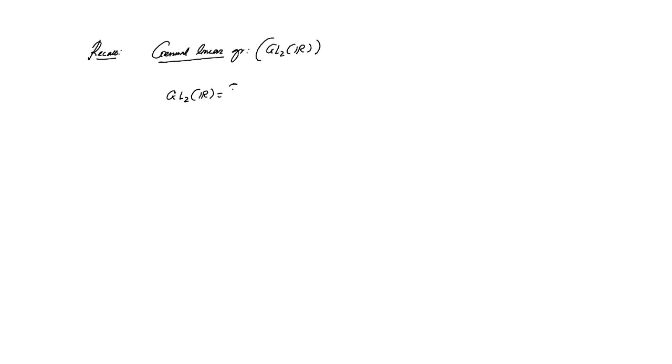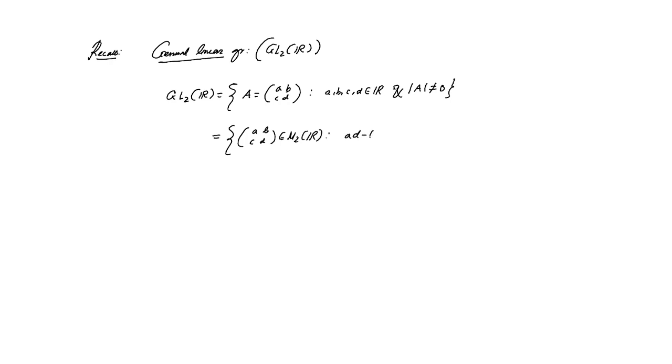GL2R is basically all those matrices of the form A, B, C, D such that A, B, C, D are real numbers and the determinant is non-zero. So the matrix belongs to M2R, all entries real, and AD minus BC is non-zero. So this is basically GL2.